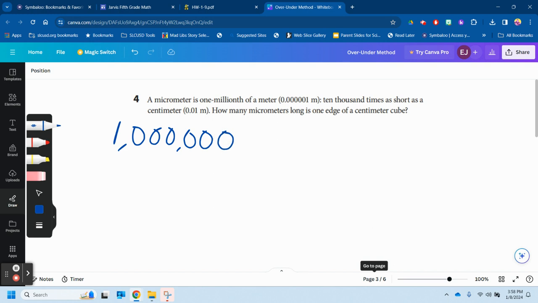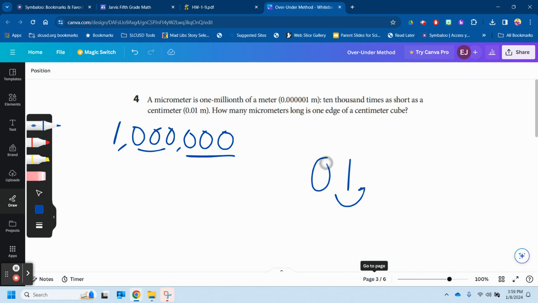And I divide 1 by 1,000,000. 1 meter, micrometer. So imagine, all numbers could have a decimal point to the right of them. If I'm dividing 1 by 1,000,000, I'd have to move this decimal point 6 places to the left.